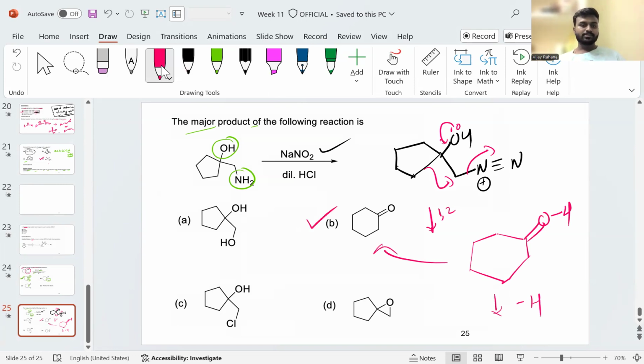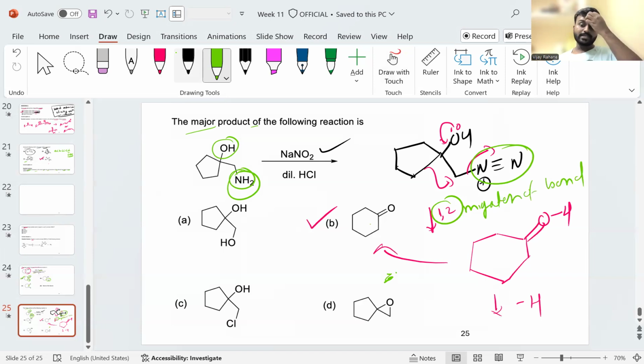So this was a two-step reaction. The first step is the conversion of NH2 to N triple bond N, and the next step is the 1,2 bond migration, which leads to the formation of the product. And what is the driving force for this 1,2 migration?